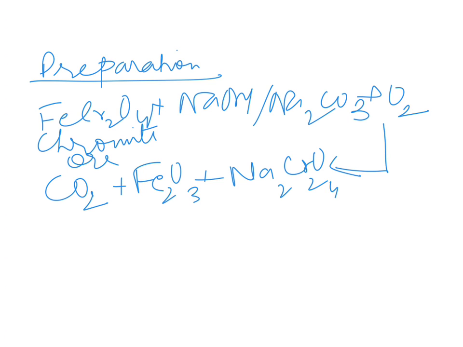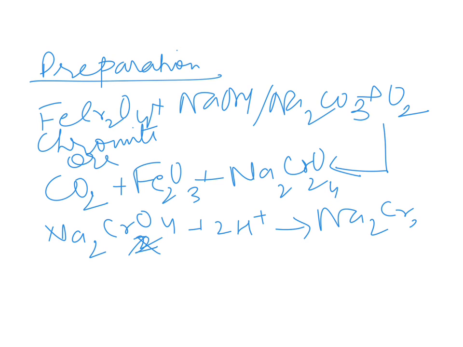Now this is treated with H2SO4. The chromate CrO4 2- plus 2H+ will form Na2Cr2O7. The chromate, whose formula is CrO4, is converted to Cr2O7, meaning it is yellow and now becomes orange.